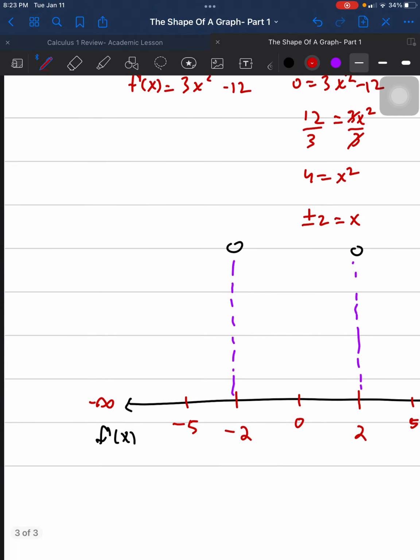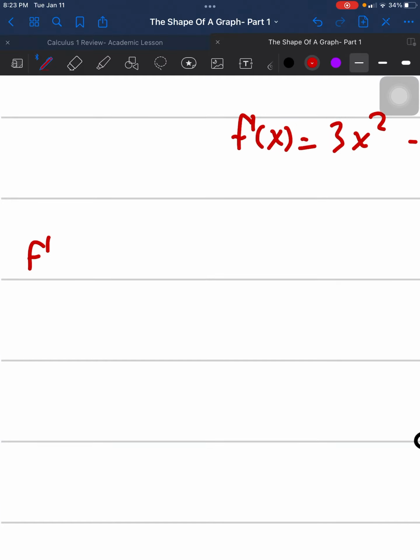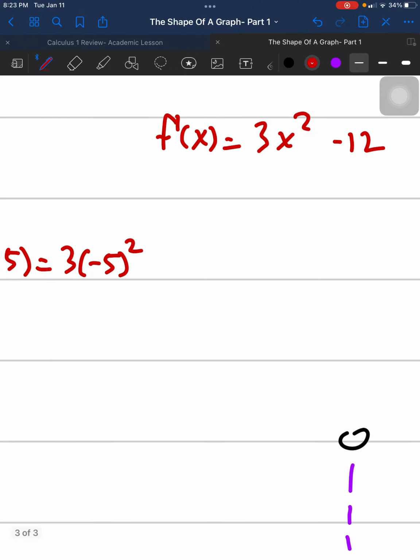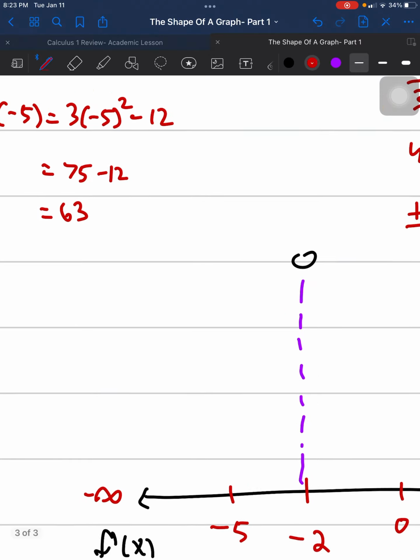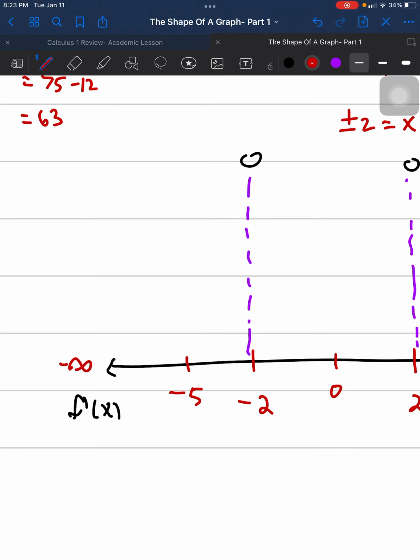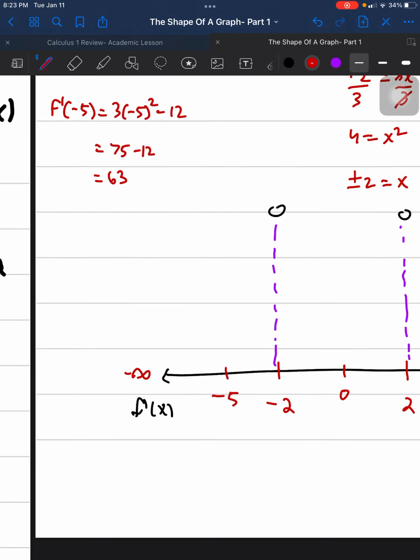Then we evaluate each of these points with the derivative. So f prime of -5 is 3 times -5 squared minus 12. 25 times 3 is 75, minus 12 is 63.